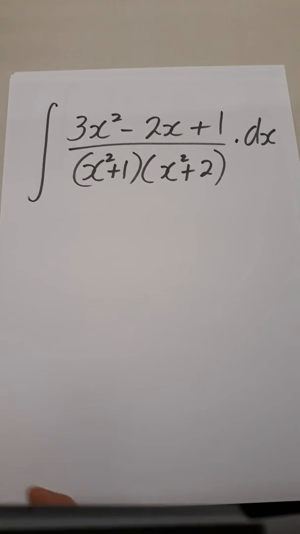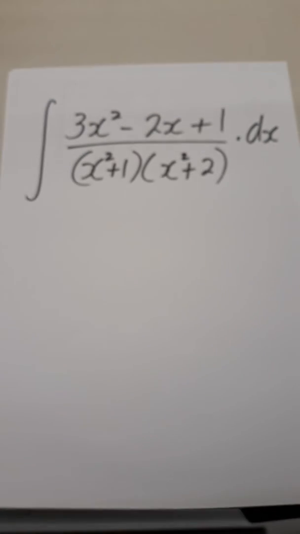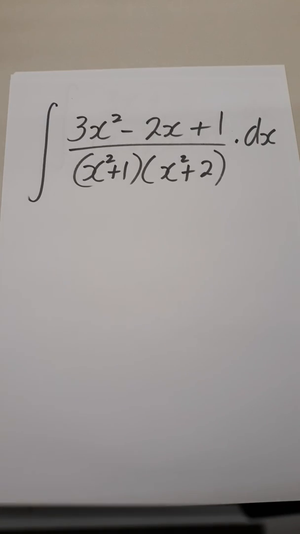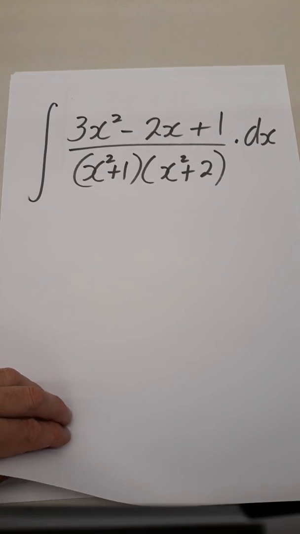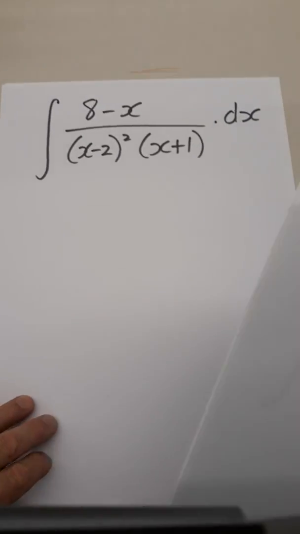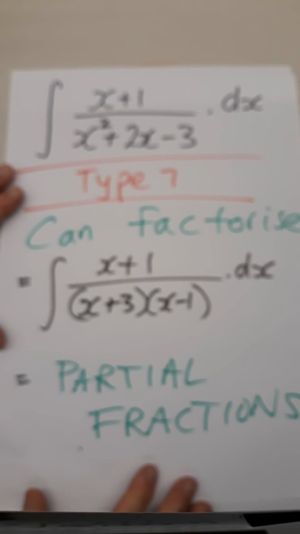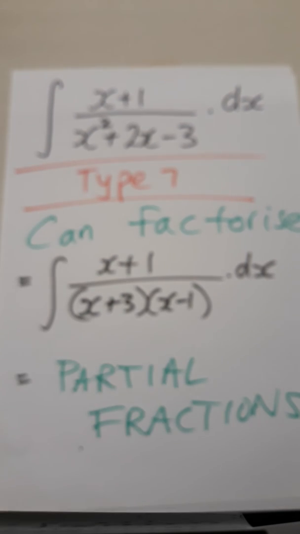And this one here has got a couple of quadratic factors in there, so there's going to be some special techniques we use for that. And if you repeat the quadratic as well. But that's another lesson, just to point out that if you can factorise the denominator, and in particular, if you can factorise it when you're working with a quadratic denominator, which is what we're talking about today, then you're going to use this technique of partial fractions, which will be our next lesson.